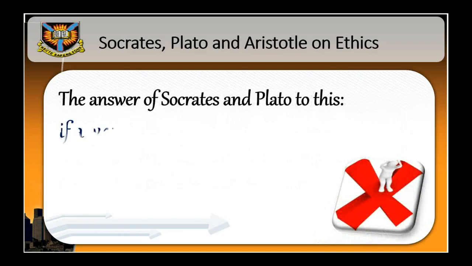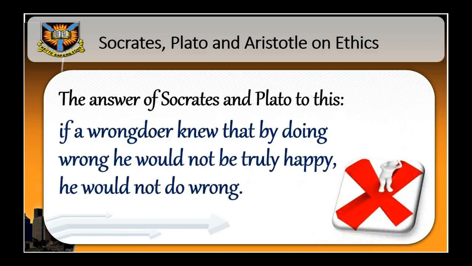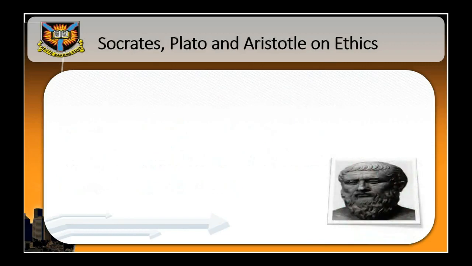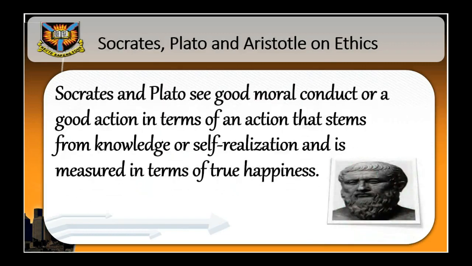The answer of Socrates and Plato to this, going by their second idea, is that if a wrongdoer knew that by doing wrong he would not be truly happy, he would not do wrong. In essence, Socrates and Plato see good moral conduct or a good action in terms of an action that stems from knowledge or self-realization and is measured in terms of true happiness.